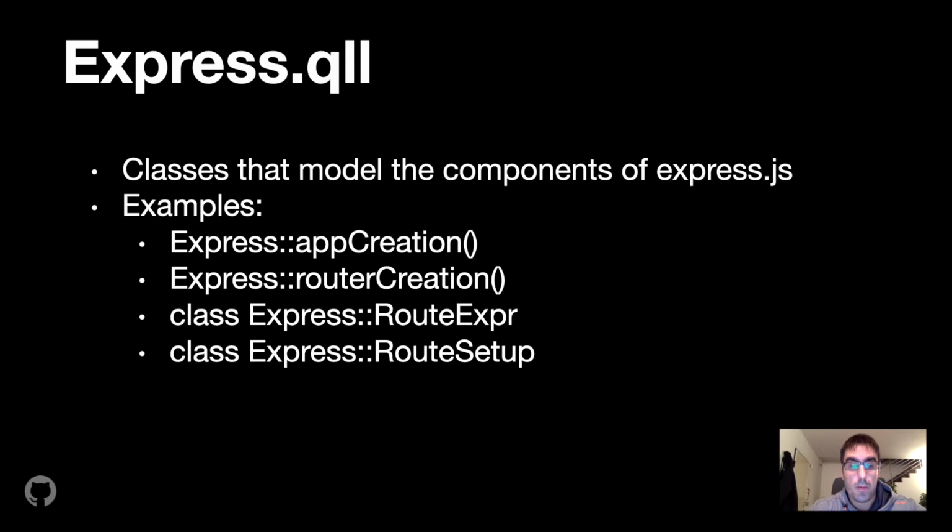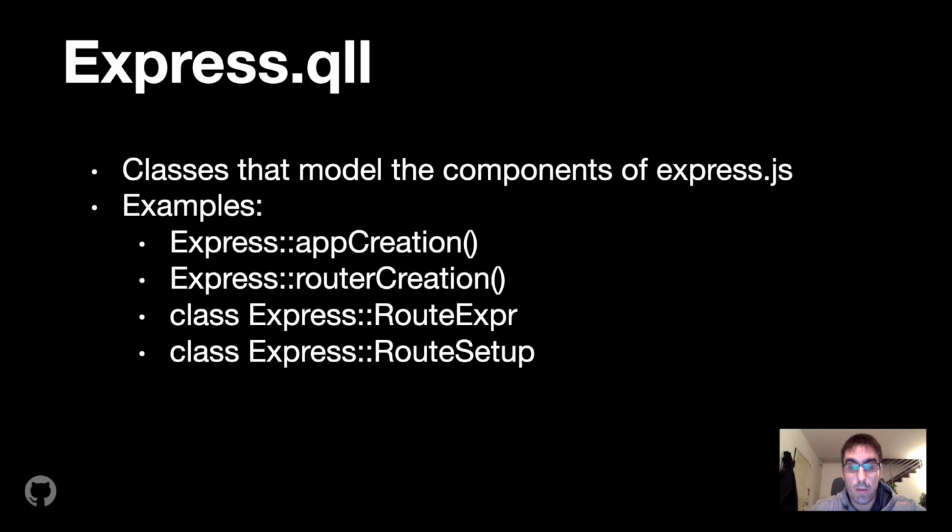So first thing first, let's explore what's inside express.qll to get a sense of what QL gets us for free. A QLL file is a QL library which contains a set of types, classes, and predicates that are useful for a particular code.